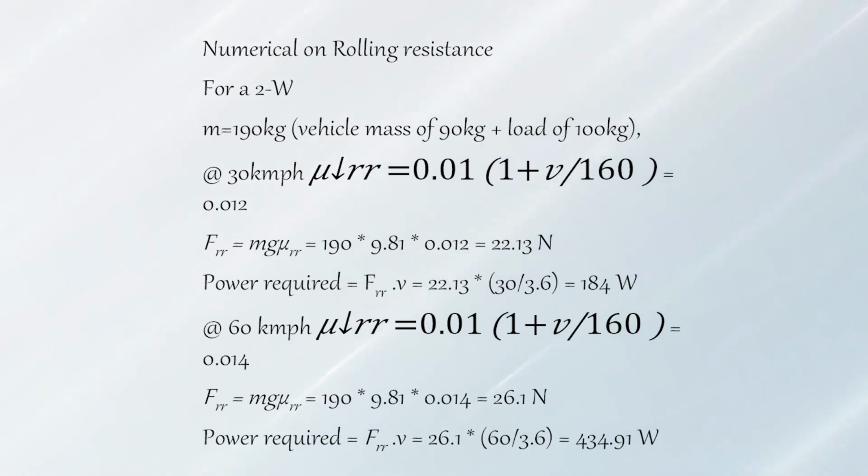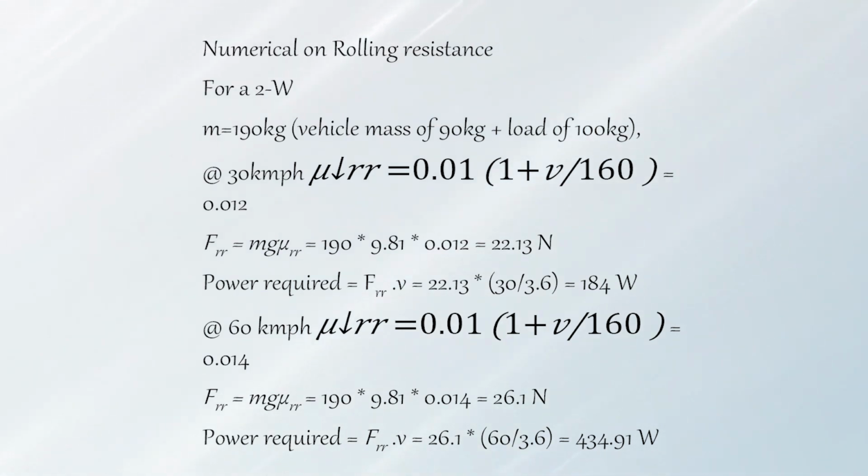V is the velocity, which is 30 kilometers per hour, which should be converted back into meters per second, and it results in somewhere around 0.012.